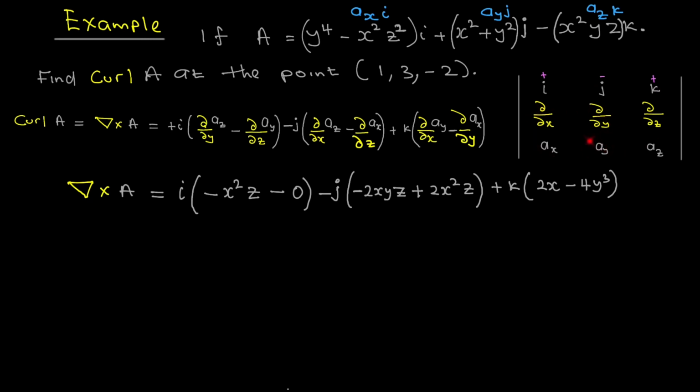Again, AY partial derivative with respect to x minus AX partial derivative with respect to y. And that's how we got that.